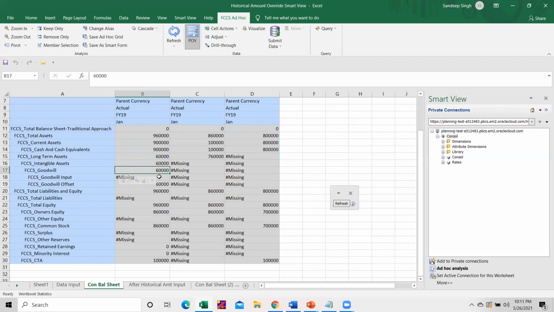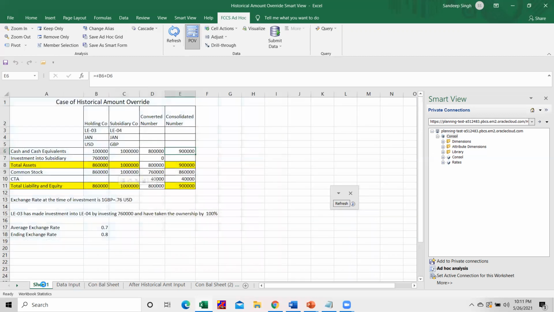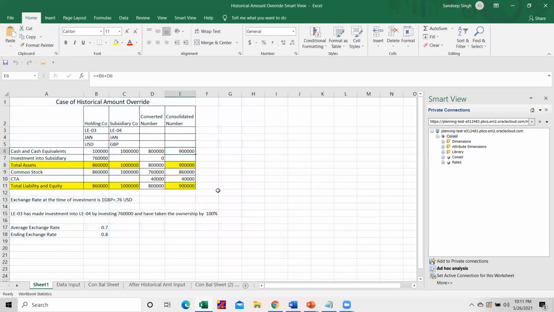How is this number coming into the application? If you do not define the historical account, historical rate or historical amount, the system will convert your common stock number according to the average exchange rate. So the common stock number is coming to 7 lakh, and the investment made by the parent into the subsidiary is 7 lakh 60,000.